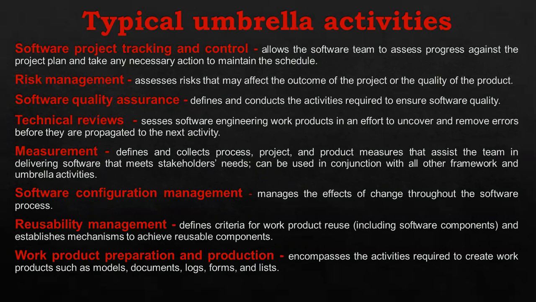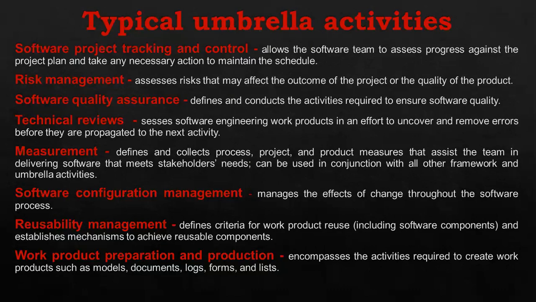Umbrella activities are applied throughout a software project and help the software team to manage and control progress, quality, change and risk. The typical umbrella activities include software project tracking and control, which allows the software team to assess progress against the project plan and take any necessary actions to maintain the schedule. Then we need to go for risk management activity.